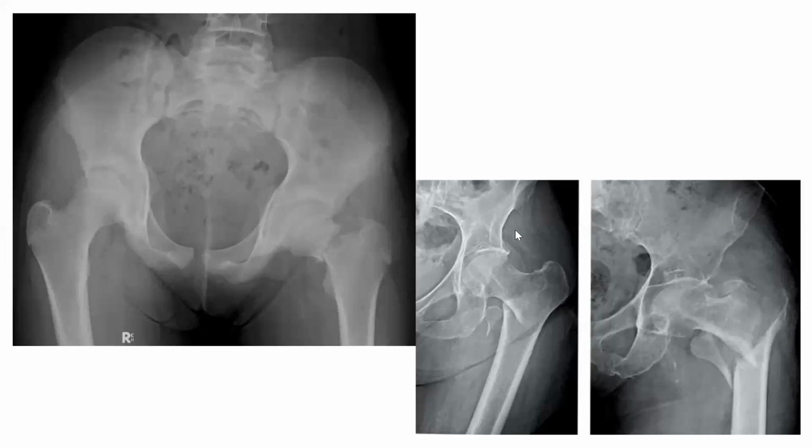This is an X-ray pelvis anteroposterior view with the bilateral hip joints shown, and I see on the left side a basal fracture, partially displaced, a complete basal fracture, partially displaced. So I'd say it's a Garden 3 fracture.